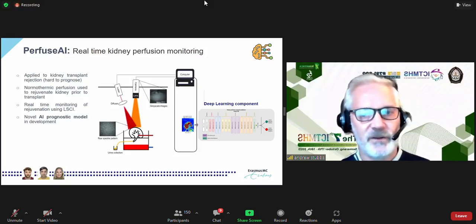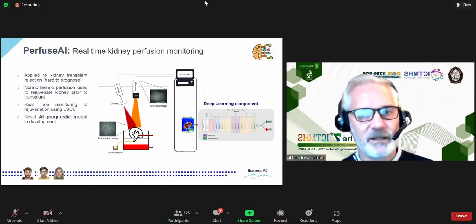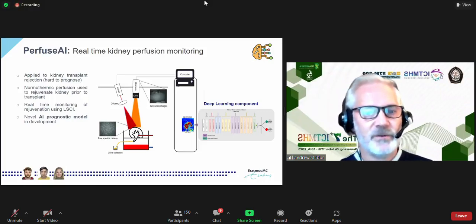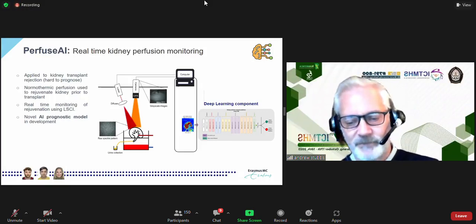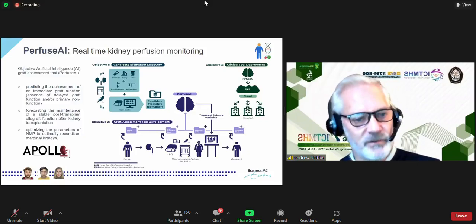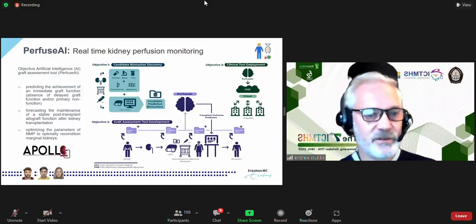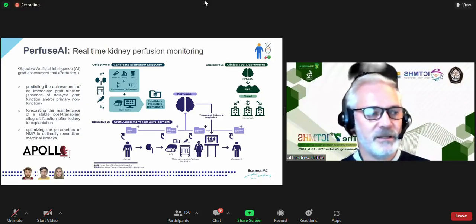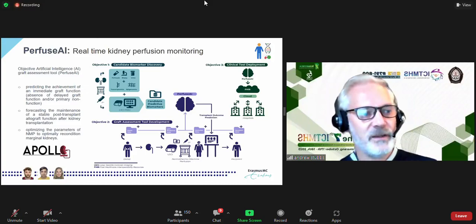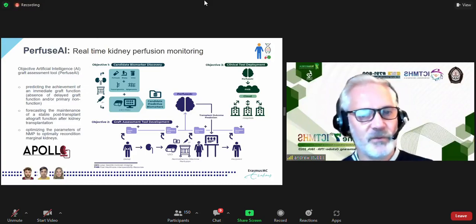We've taken that a bit further and we've said, okay, let's monitor these pictures in real time and identify whether we can predict from those images whether the kidney, once it's transplanted, will function better. And this is part of a bigger picture. Just to say that we have predicted it now, and those results are coming out quite soon, that we can actually predict from the images of the kidney during perfusion whether the kidney will survive and whether the kidney is regenerated enough to have improved function.